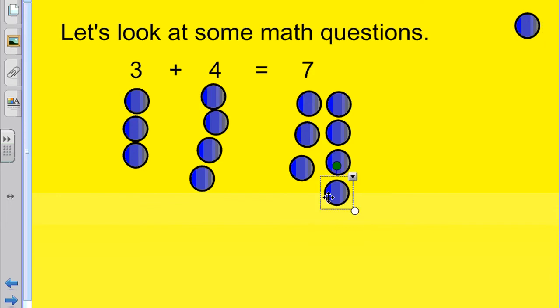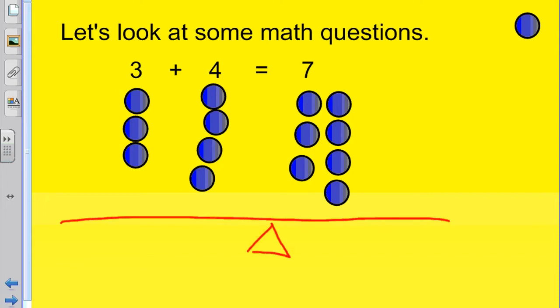This is what this equation means. It means you take 3 things, and they can be anything. We use this symbol and put it together with a 4. This 4 is a symbol which means 4 things. And this equal sign says that if I put this on a teeter-totter, it's going to balance. There's 4 over here, there's 3 here.